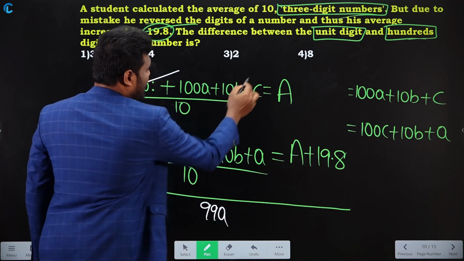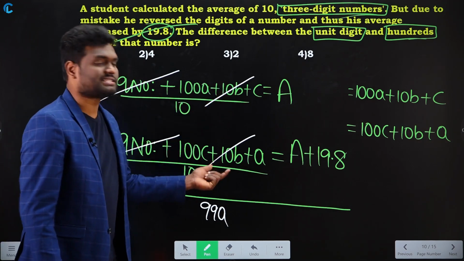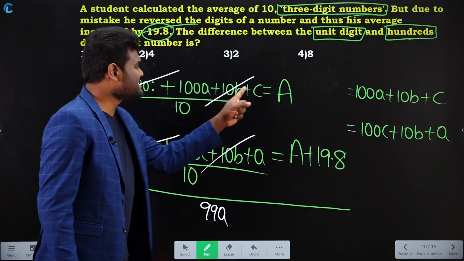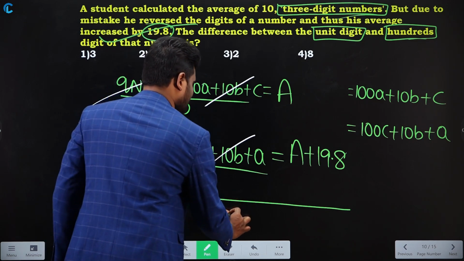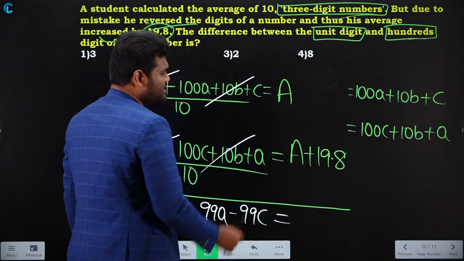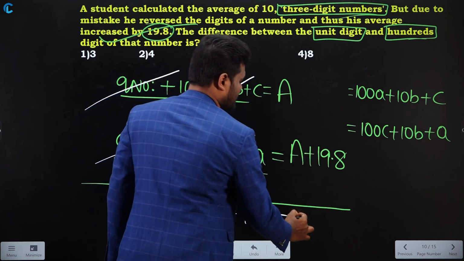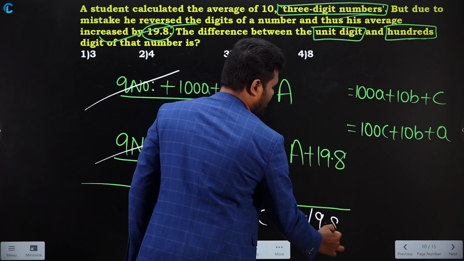Similarly, 10B minus 10B gets cancelled. Now C minus 100C is nothing but minus 99C, which is equal to A minus of A plus 19.8, nothing but minus 19.8.